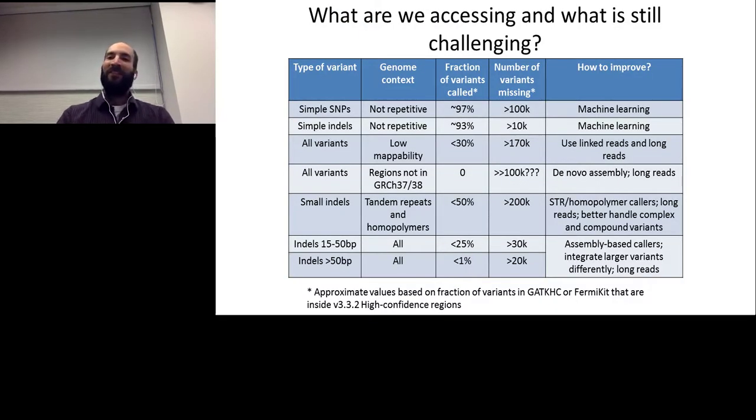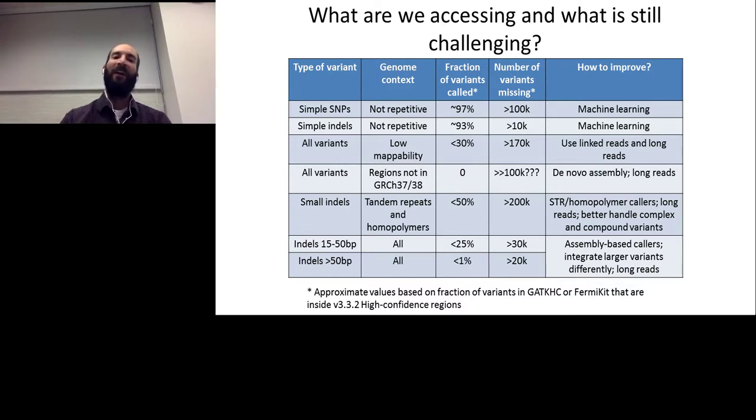So we've done a lot of work on small variants, but there's still a lot of the genome that's challenging to address. And I've at least roughly tried to estimate what we're still missing in the genome. And this is not a really precise quantitative estimate, but just to give a sense, for simple SNPs in non-repetitive regions, we're probably calling about 97% of the variants, and we're covering about 90% of them in our high confidence regions.